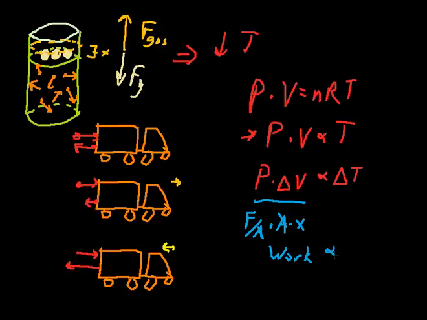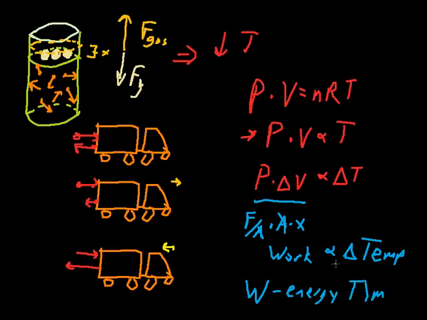Work is proportional to the change in the temperature, which should make perfect sense because temperature is related to the average kinetic energy, and we had that work-energy theorem, which basically said work is equal to the change in kinetic energy. So this should make perfect sense. Work is proportional to the change in temperature. How do you do work? By having a certain pressure and by changing the volume.